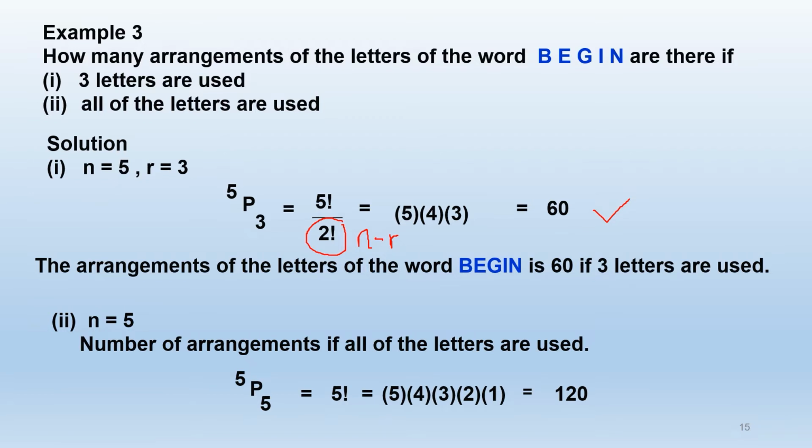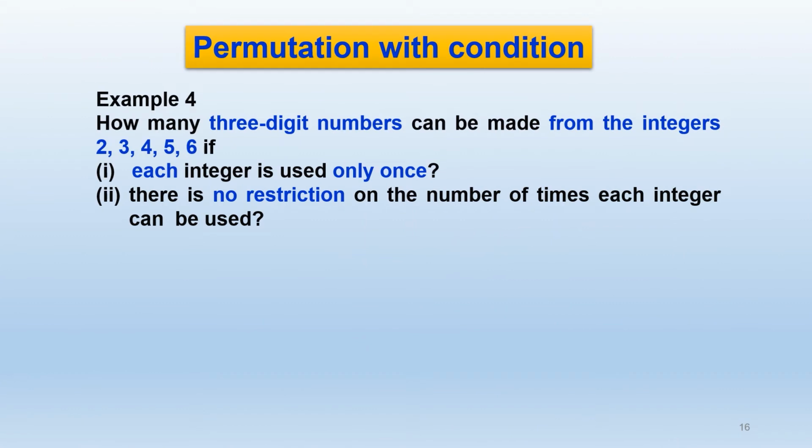Okay, 5 permutation 5, or we can just write down as 5 factorial or n factorial. This is n factorial. Okay, so you get the answer 120.